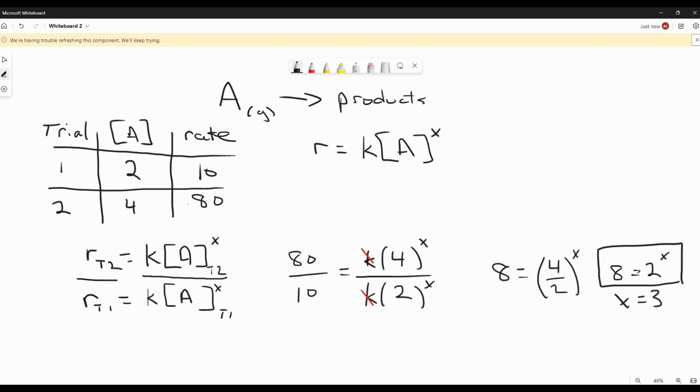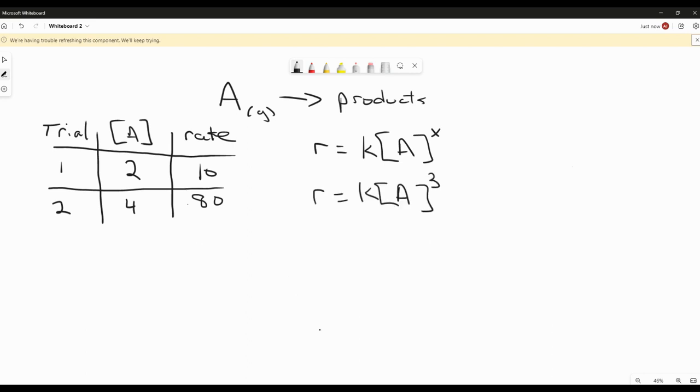The left side of the equation, the 8, is how the rate changed in response. So this simplified equation tells us that when we increase the concentration by a factor of 2, the rate increases by a factor of 8. And if we cube the concentration, that gives us that rate increase.